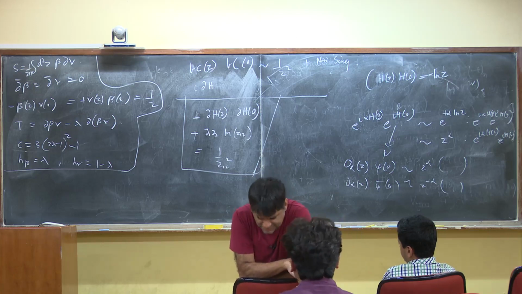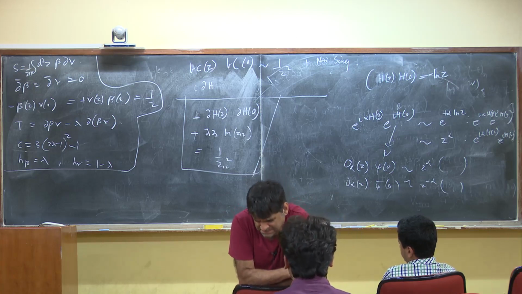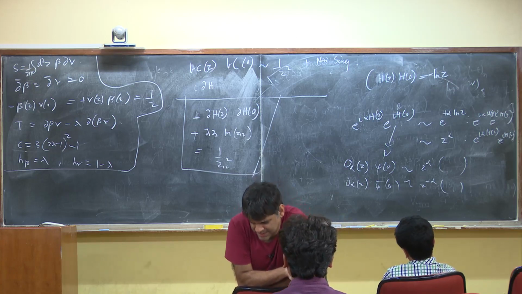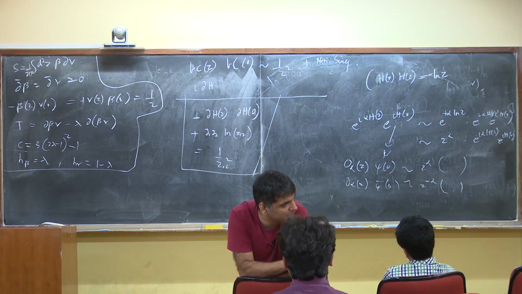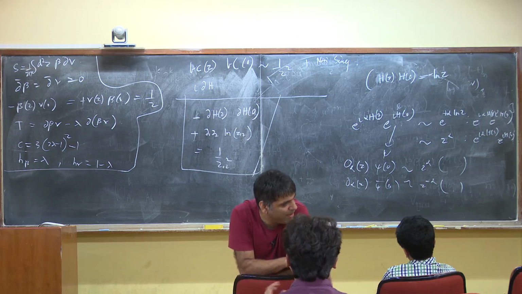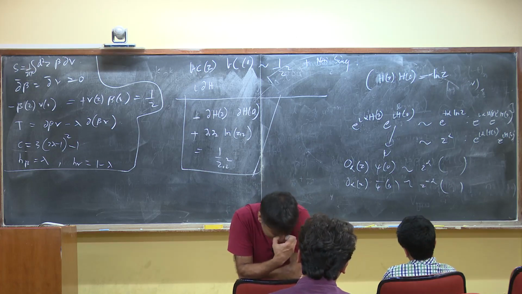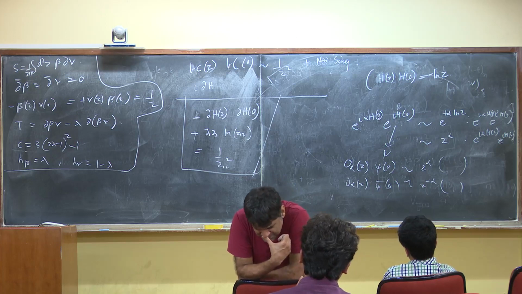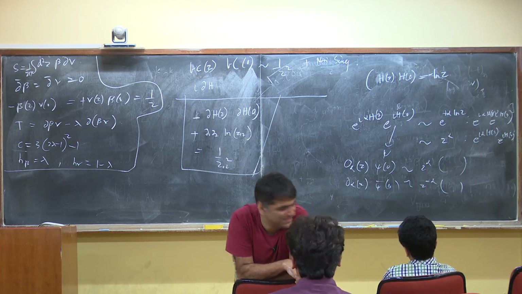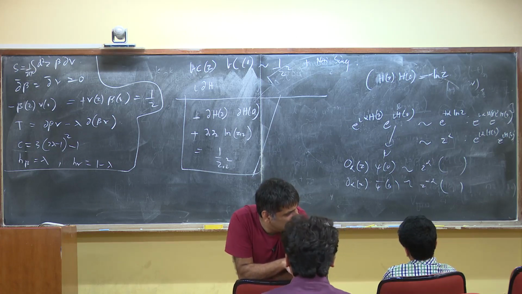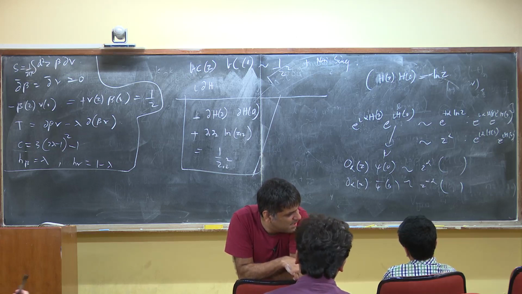I don't know the answer. But let's say you orbifold by psi goes to minus psi, and this is a commuting action.